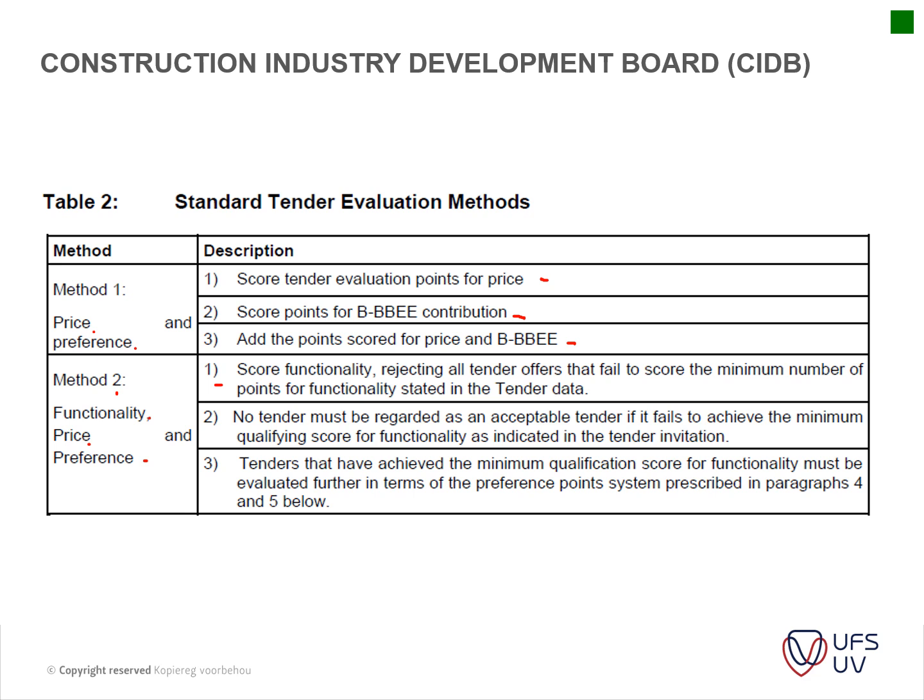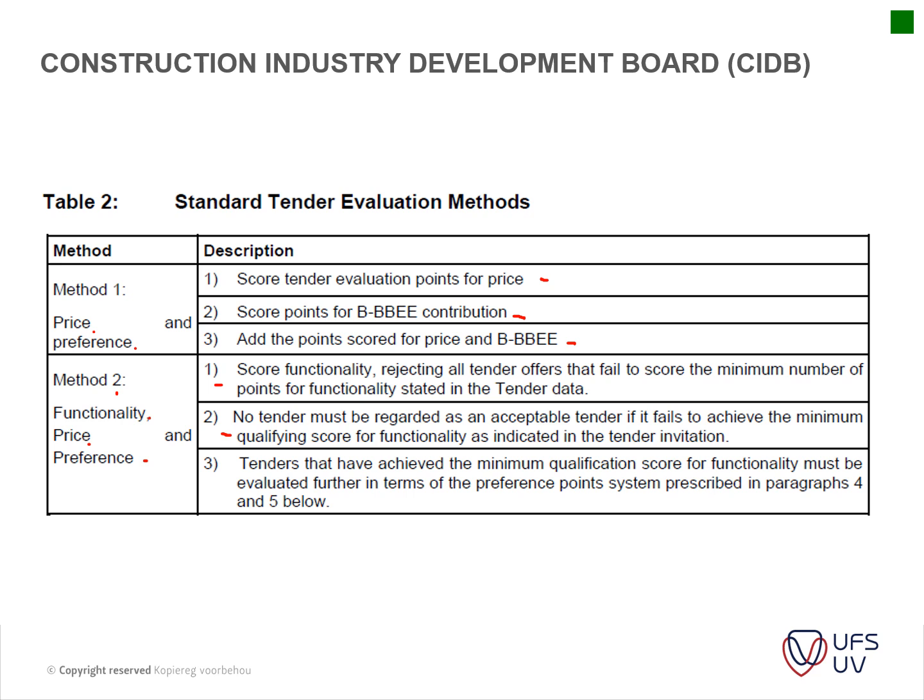They have to get over a specified score to be evaluated further, and those that do score higher than the required mark will be evaluated further on the following points. No tender must be regarded as an acceptable tender if it fails to achieve the minimum qualifying score for functionality. Okay, so that just goes hand in hand with 1.